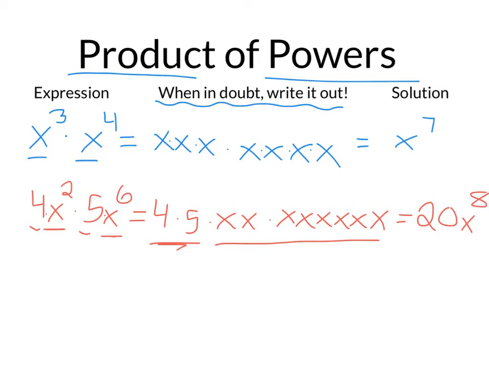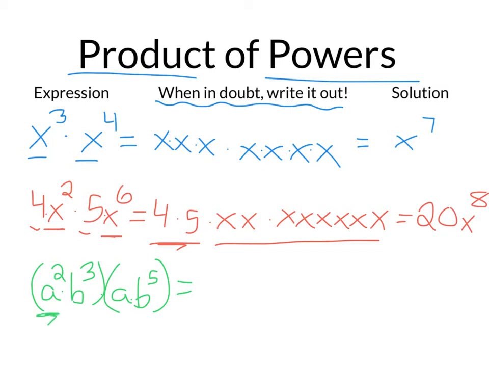And then third example, so I have a squared b to the third, and I'm multiplying by a b to the 5th. All right, so this looks slightly different, but really all this is, with all these parentheses and everything, it's just a bunch of multiplication.